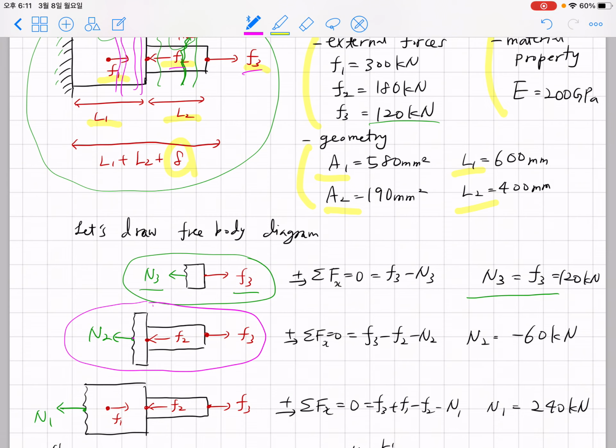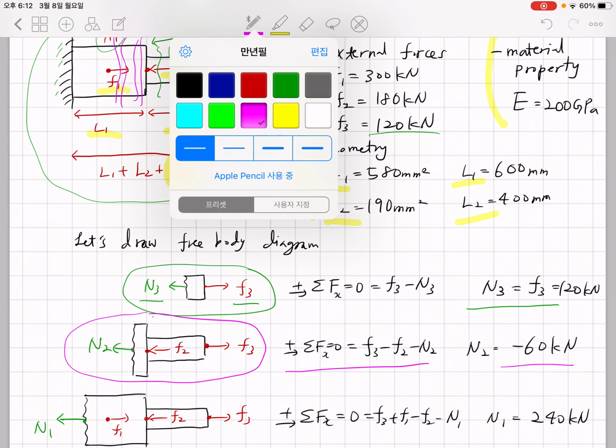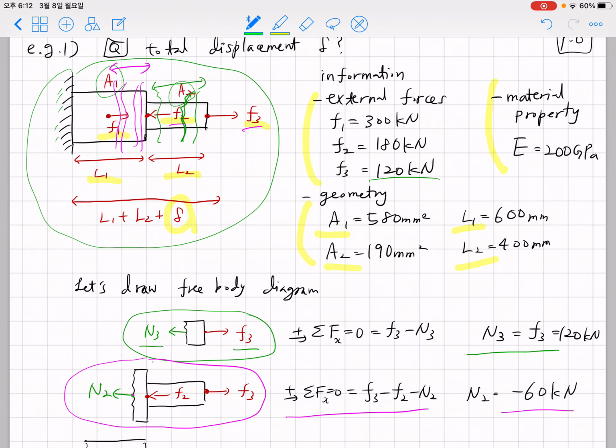After considering mechanical equilibrium, N2 must be negative 60 kilonewton, meaning it is under compression. Now, if you consider an imaginary cut here and there, wherever you make an imaginary cut within this zone, this is the free body diagram you're going to see.